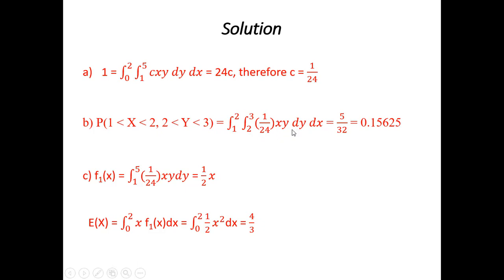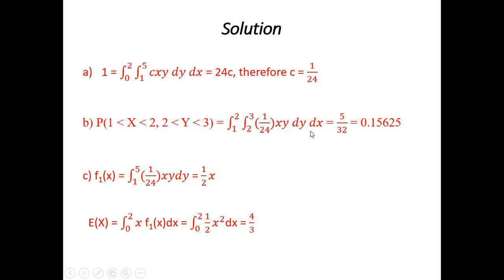So in my double integral, I have the integral from 1 to 2, that's the outside integral, x going from 1 to 2. Then we have the integral y going from 2 to 3 of 1 over 24 xy, that's my joint PDF. Integrate with respect to y first, and then x.